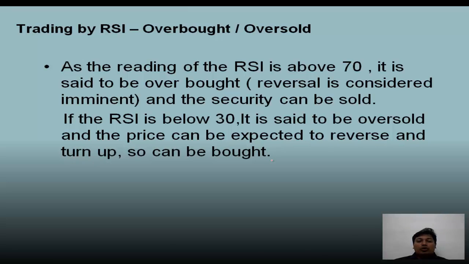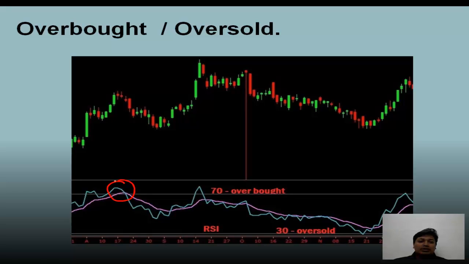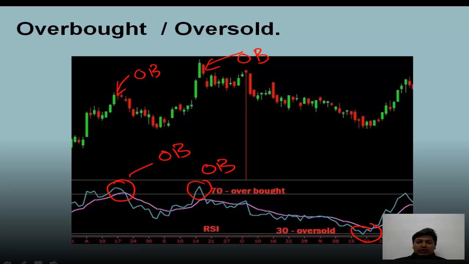Here is a situation where it is overbought. Here is a situation where it is overbought. And if you look at it in a corresponding manner, this was an overbought situation. This was an overbought situation. And when we go towards this, it is called oversold. And subsequently this is an oversold situation.